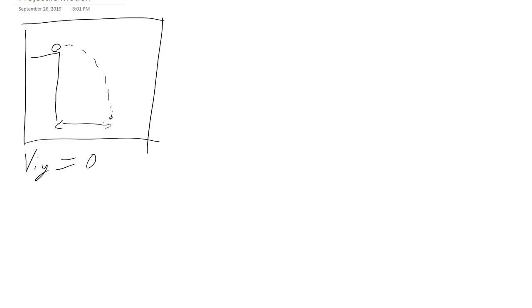Then another characteristic is that, let's call this distance h1 and this h2. So h1, that's the height of the cliff, has to be greater than h2.